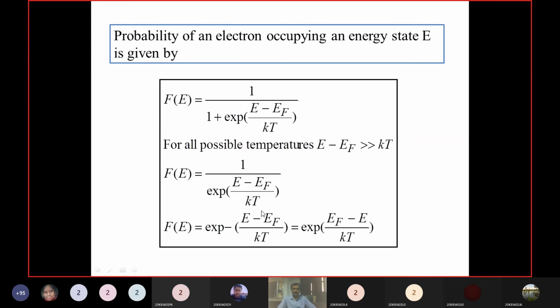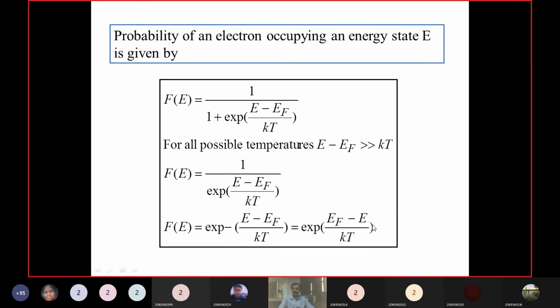If you take the minus common and bring it to the numerator, it becomes exponential of EF minus E by KT. This is the f of E value.